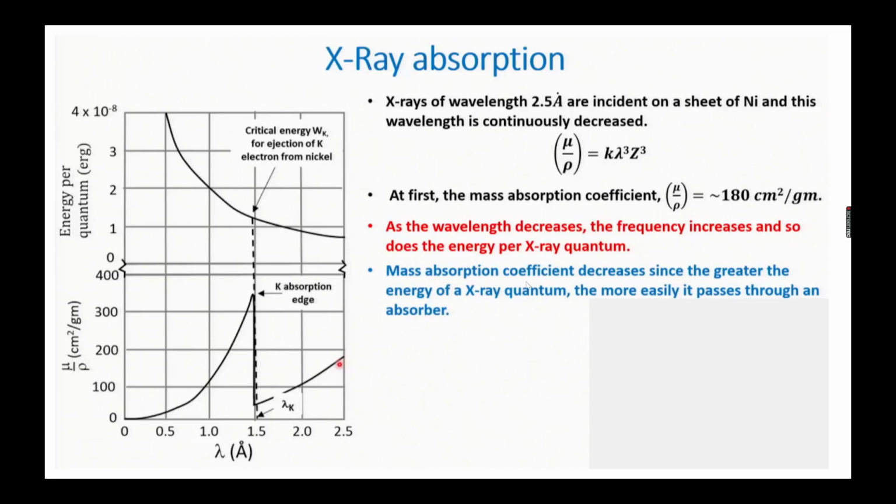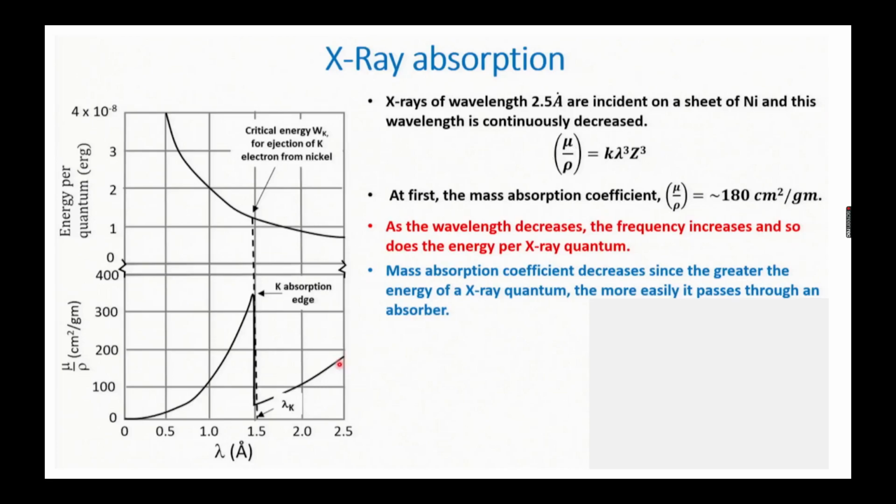From the formula it is clear that it depends on lambda. When lambda is increasing, mu by rho, the mass absorption coefficient, will also increase, and it depends on Z proportionally. The mass absorption coefficient mu by rho decreases since the greater the energy.